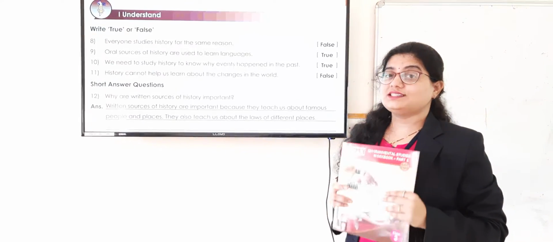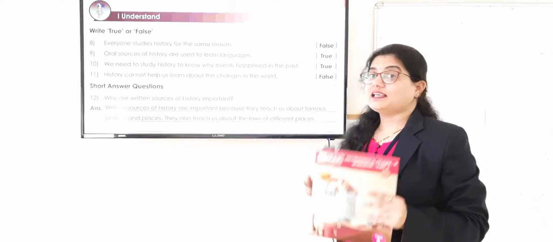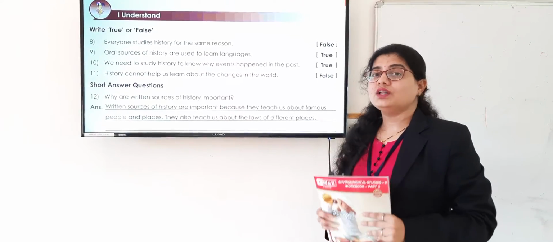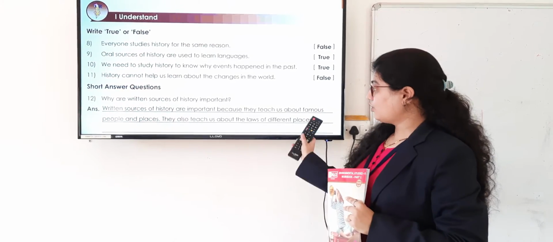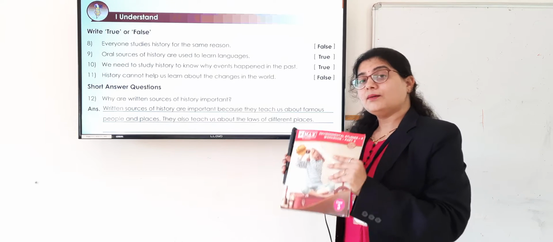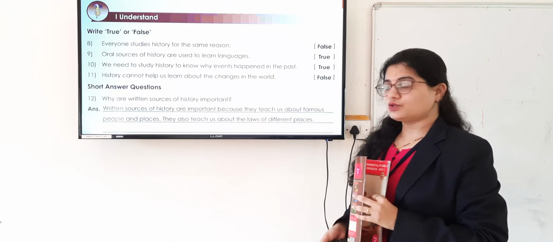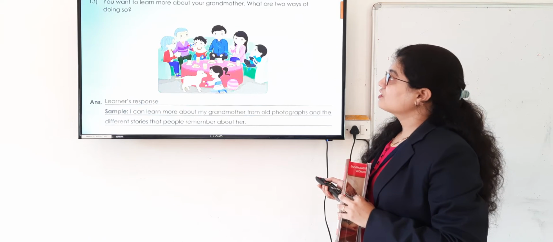Written sources such as diaries, books, journals, letters. They give us information about famous people, famous places. Alright. And they also tell us different laws from the different places. Okay? Understood?